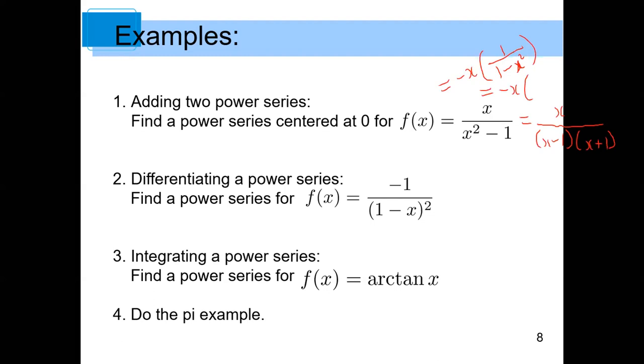Geometric. So it would be 1 plus, used to be x, but now it's x squared, plus, used to be x squared, but now it's x to the 4th. So it'd be 1 plus x squared plus x to the 4th plus etc. What would the interval of convergence be for this?